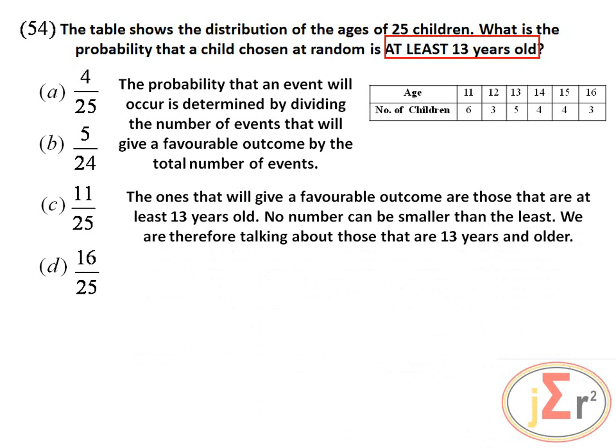The ones that will give a favorable outcome are those that are at least 13 years old. No number can be smaller than the least. So if it is the least, we will be talking about those that are 13 and above. We are therefore talking about those that are 13 years and older.